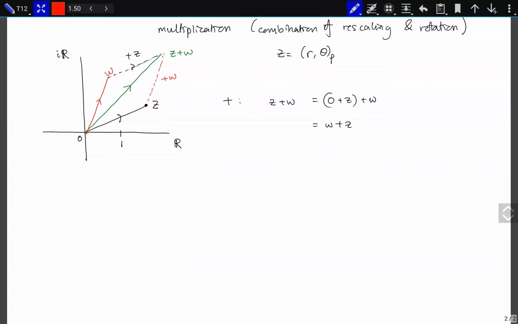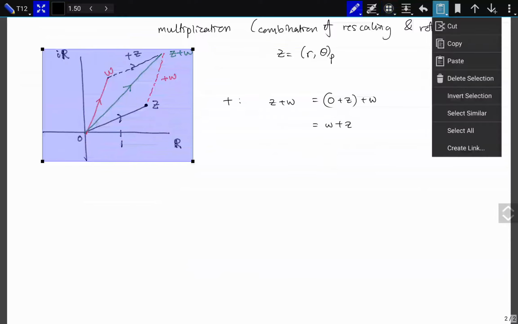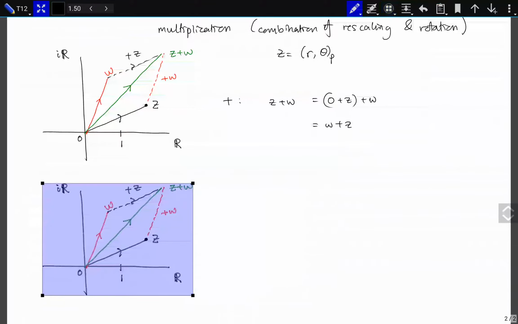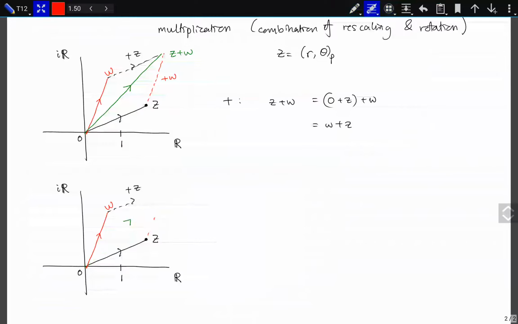Let me use the same vectors again. So I can cheat and copy and paste. But this time maybe I will forget about a few of these.